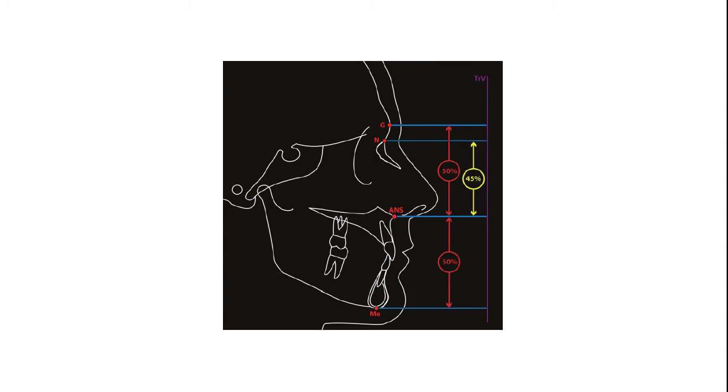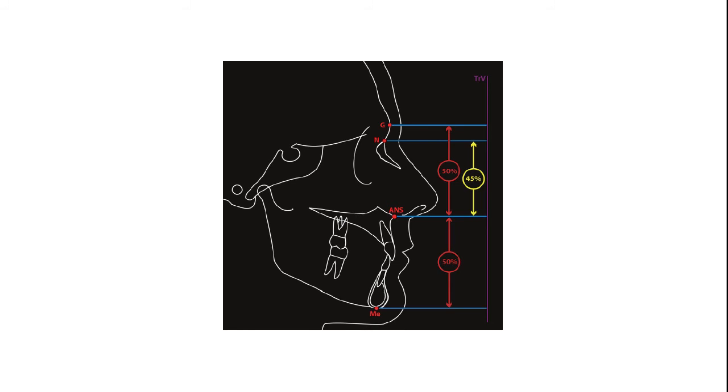Moving on to the cephalometric evaluation. To evaluate the proportional relationship of lower to the middle anterior facial height, horizontal lines are projected from the ANS and menton onto the true vertical. The middle anterior facial height, MAFH, is measured from the projection of nasion to that of ANS.